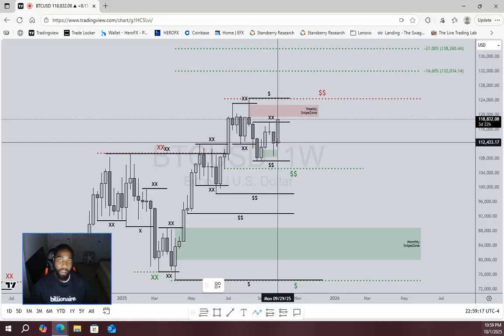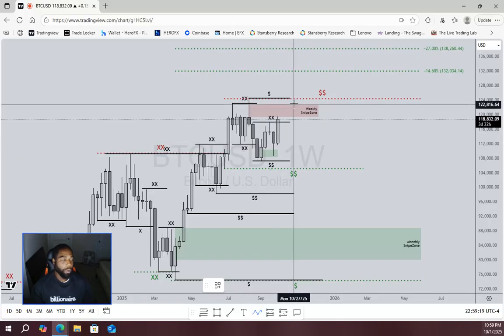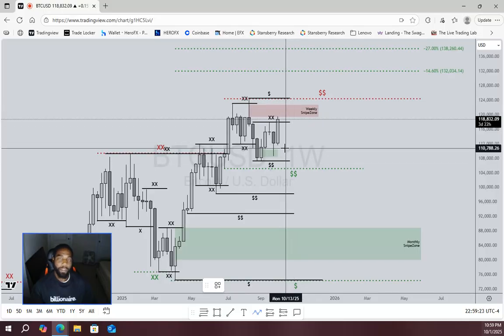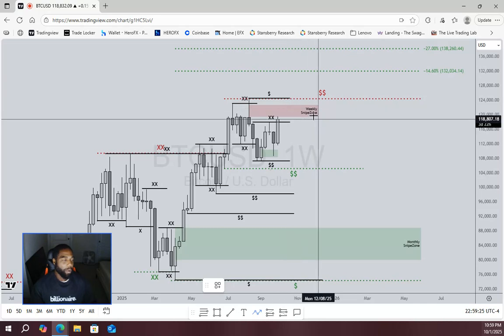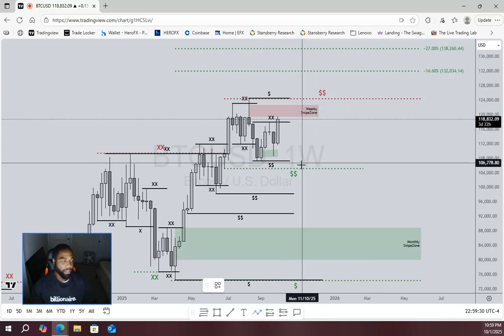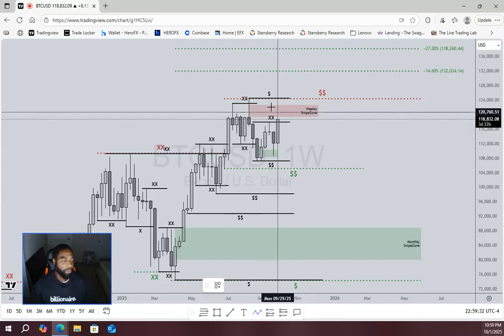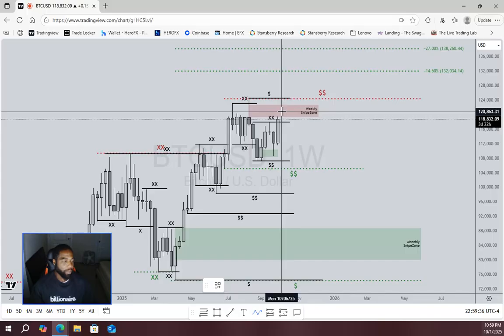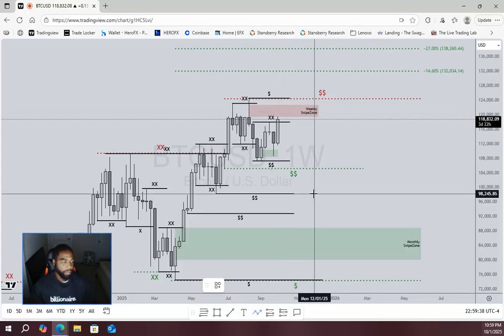And price will encounter a breaker structure to the downside that will establish and create the bearish expansion from this move: bearish expansion, bullish retracement, bearish continuation.